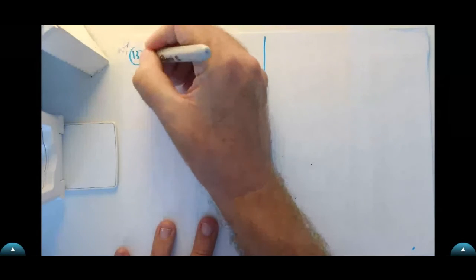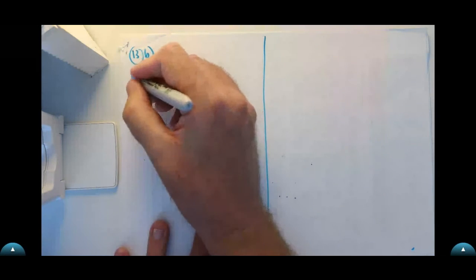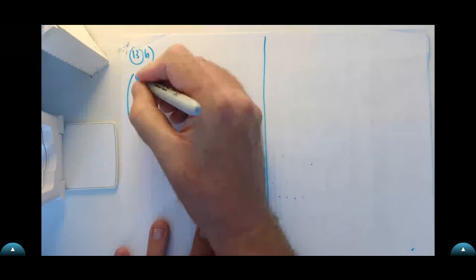All right, so let's look at it. I'll just do part B, I think, because that's probably the most interesting one. So this is 13 part B. I'm just going to write down the augmented form.